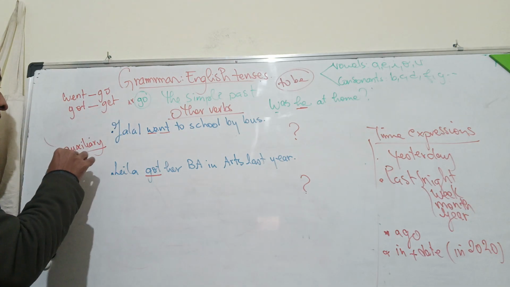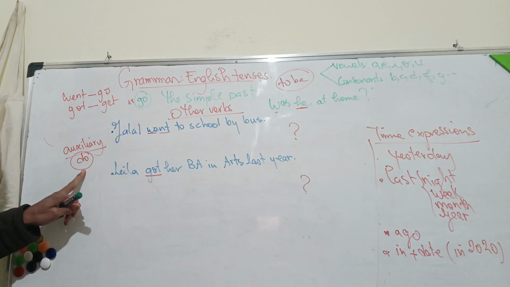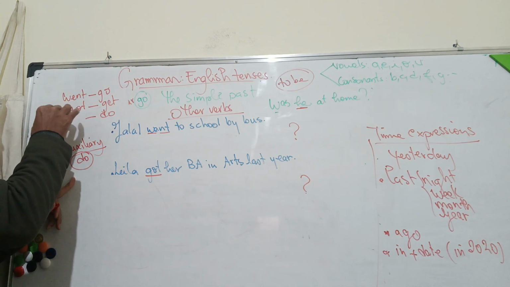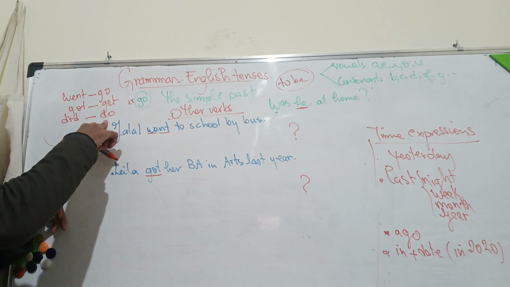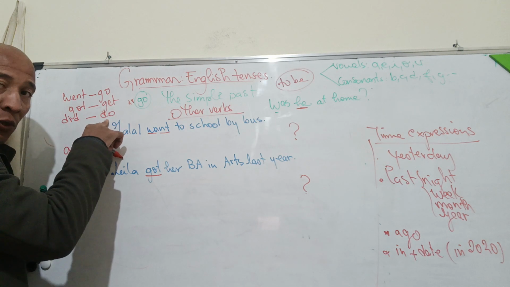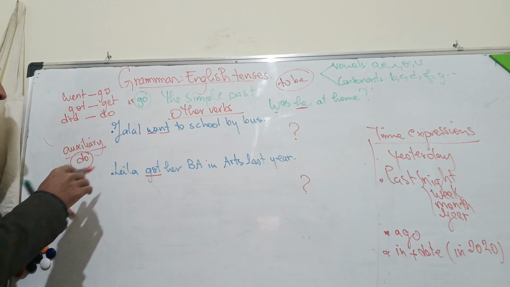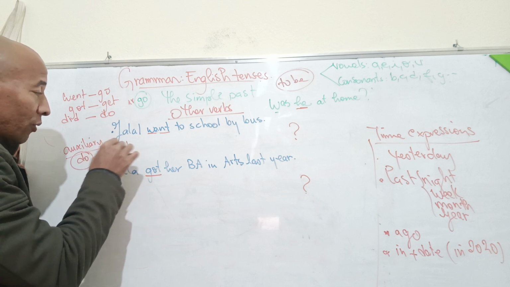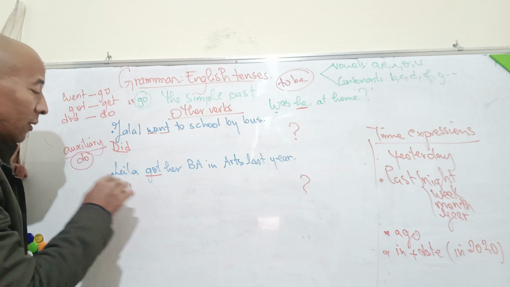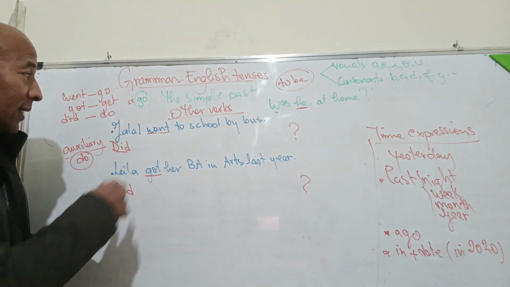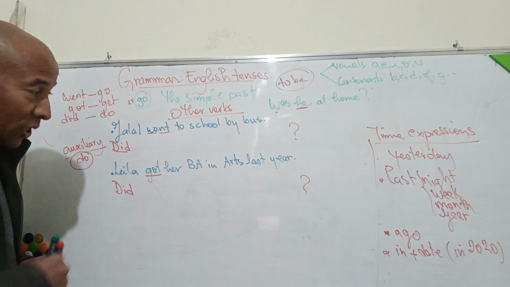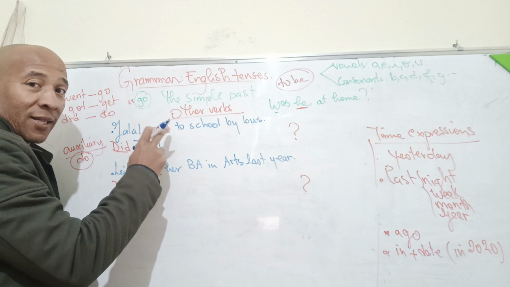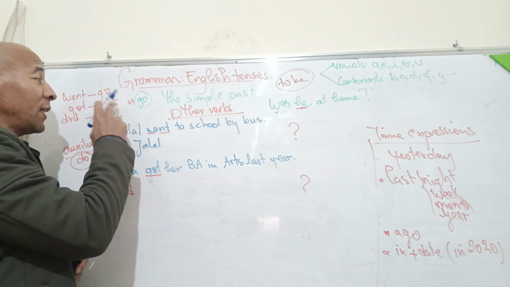So here, the auxiliary we use is the verb do, auxiliary do. But we need to transform verb do into simple past. Of course, verb do is an irregular verb, so the simple past of do is did. Now, we write the auxiliary, did, and then followed by the subject, of course, Jalal, and then the verb, but this time the verb takes the infinitive form.